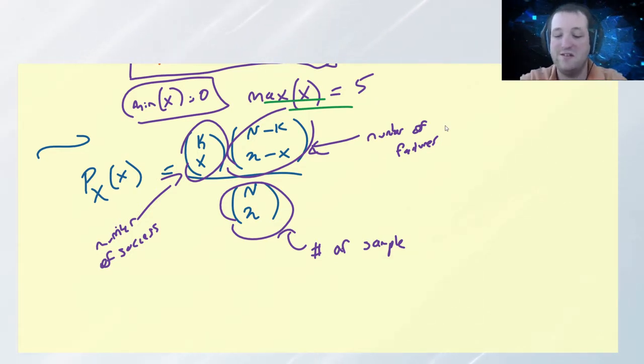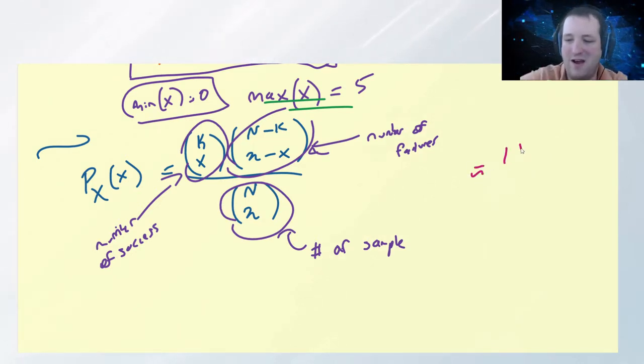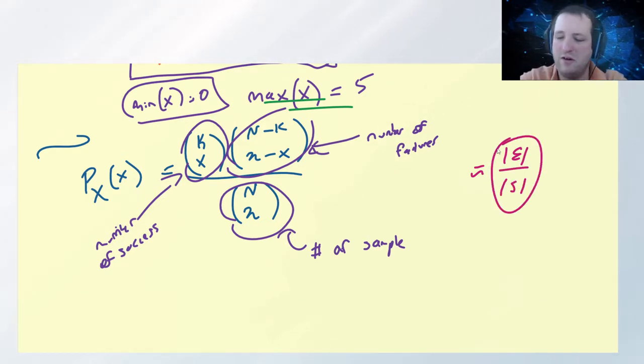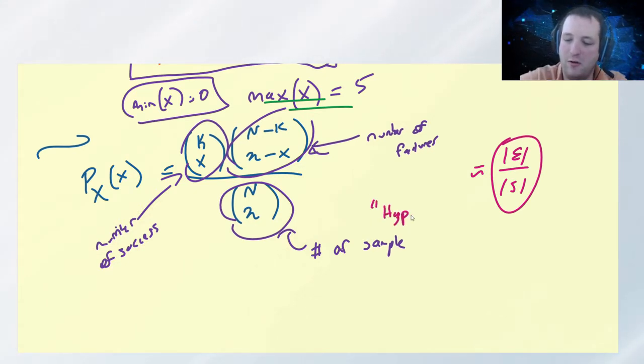So we have successes, failures, all over the total number, so we're pretty much looking almost like a binomial distribution, but we're not focusing on probabilities, we're just focusing on the size of E divided by the size of S approach here, right? So it's a very nice alternative way of doing probabilities, but this is what we call the hypergeometric.